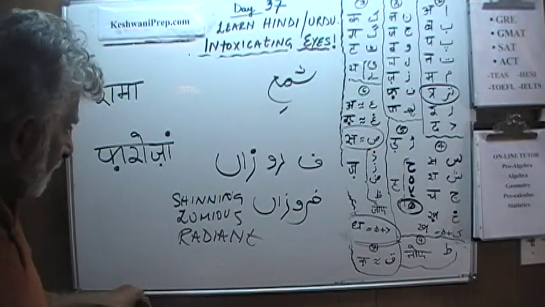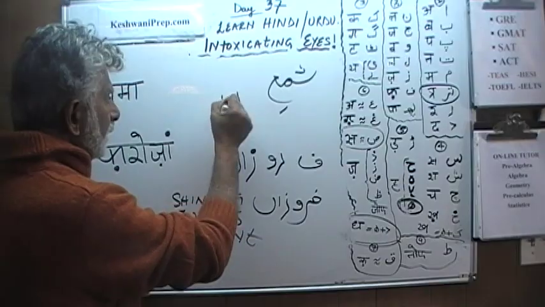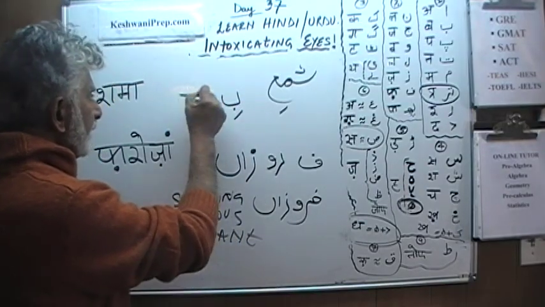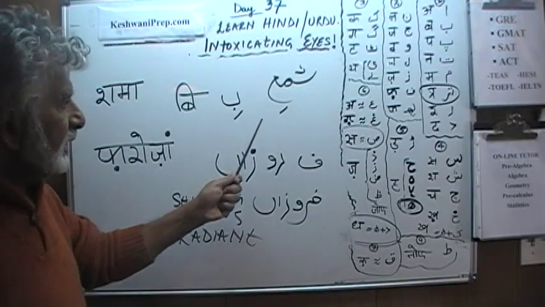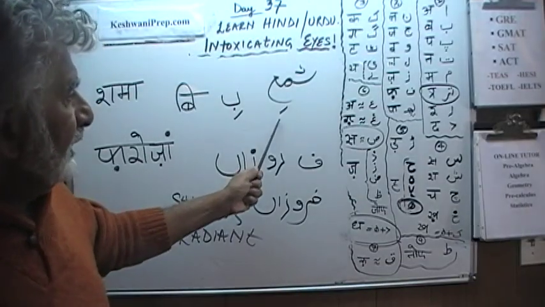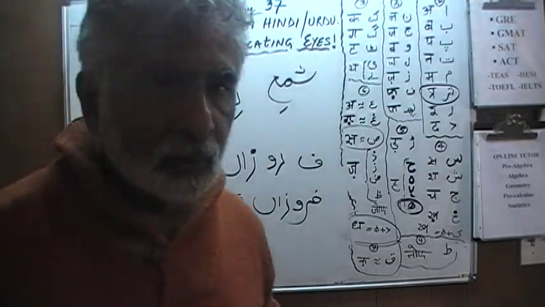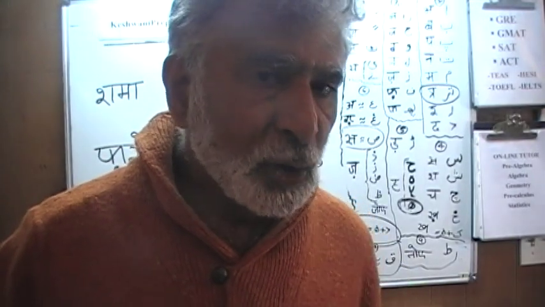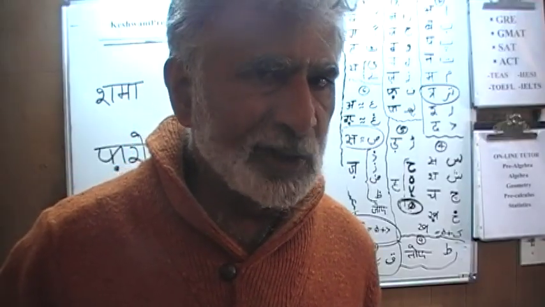Listen very carefully. This zer, ordinarily, if you have a letter and you put a zer underneath it, it converts a b into a bi, choti ye ki matra. But here, this zer appears at the very last letter. As you and I both know, no word will end with a choti ye ki matra.